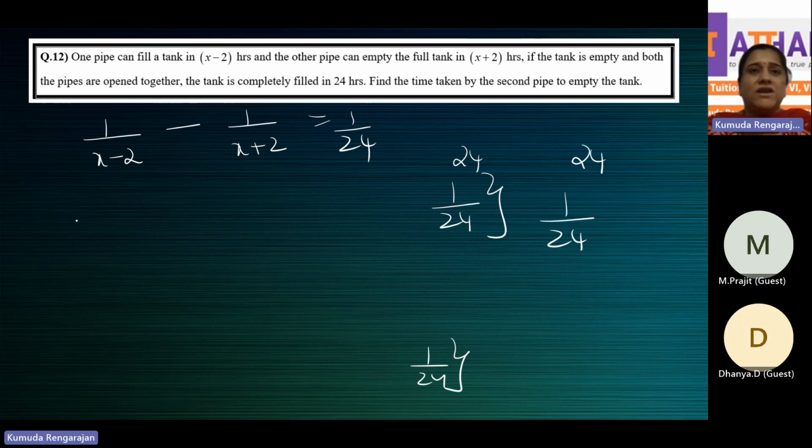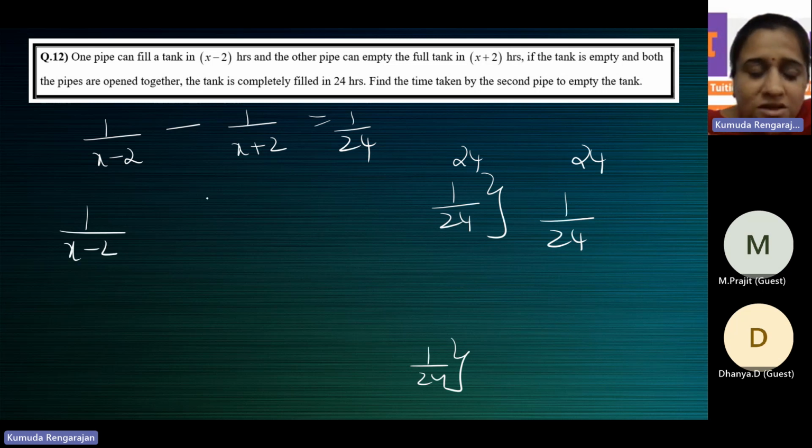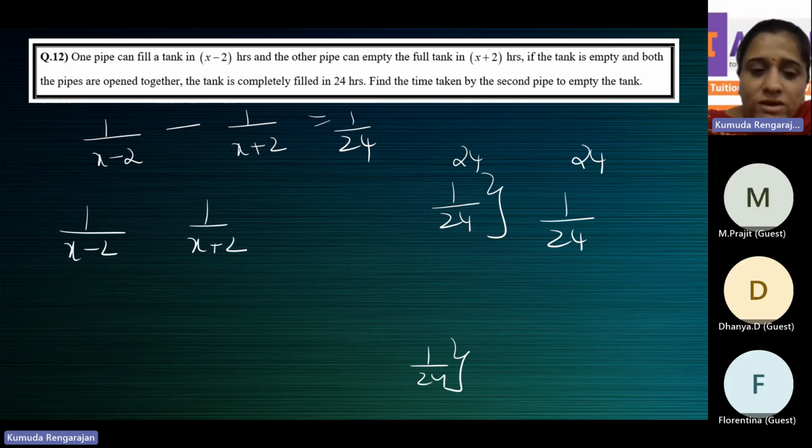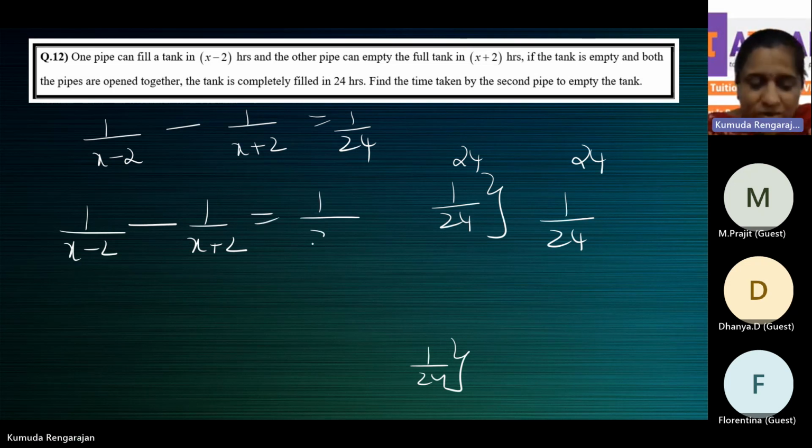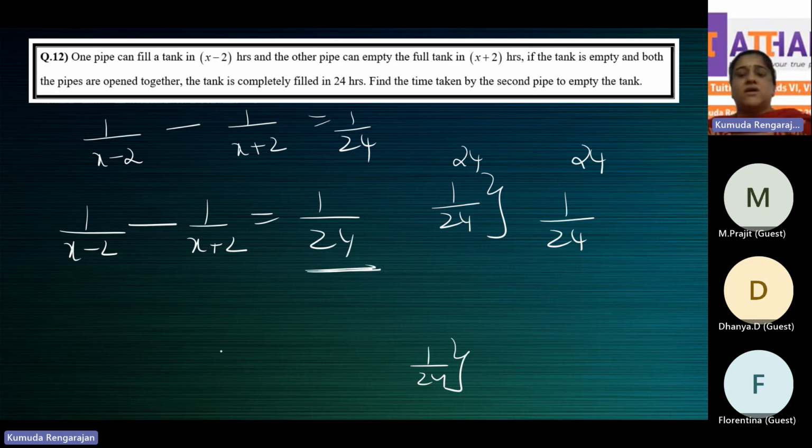But what is actually their 1 hour's work? This is the filling pipe's 1 hour's work. This is the emptying pipe's 1 hour's work. And this is together their 1 hour's work. Because they're doing opposite actions, we'll have to subtract. And this one is nothing but this one, because this also represents their 1 hour's work.